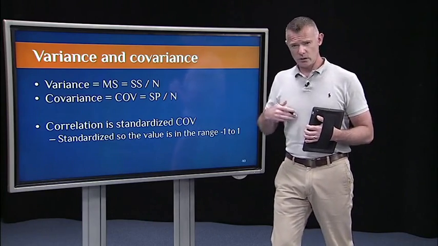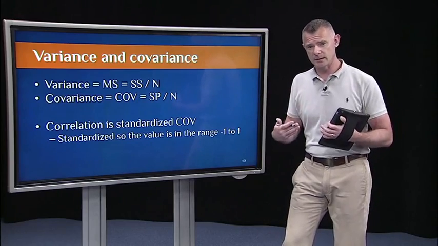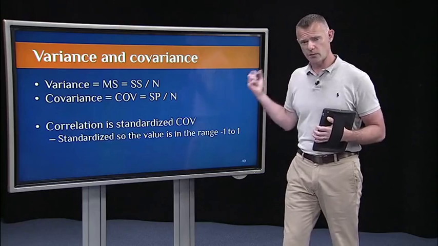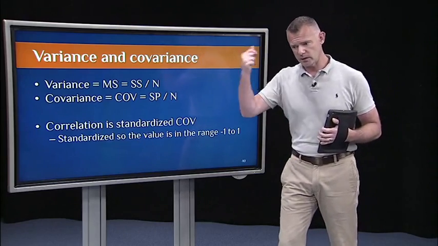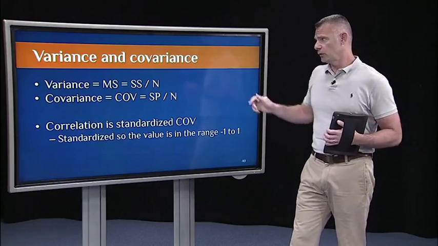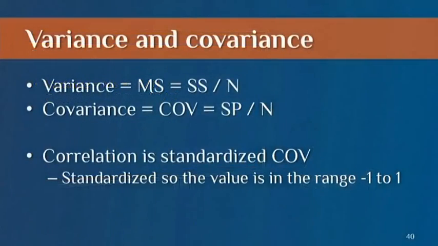Here too, you need to push yourself to another level and say, okay, I know what variance is, but what is covariance? You need to be able to look at these formulas and, one, conceptually get them, and two, mathematically unpack them. So to recap, variance is mean squares because it's the sum of squares divided by n.